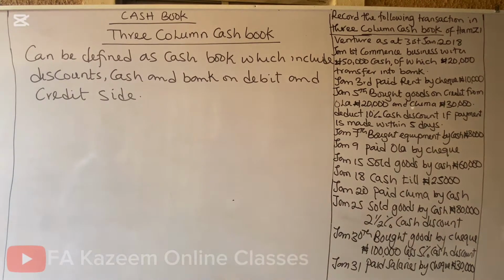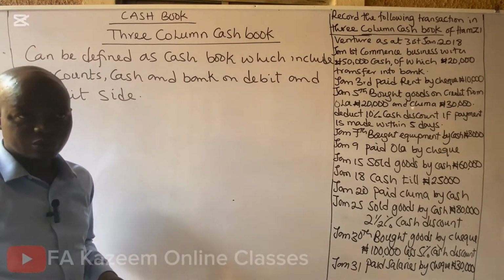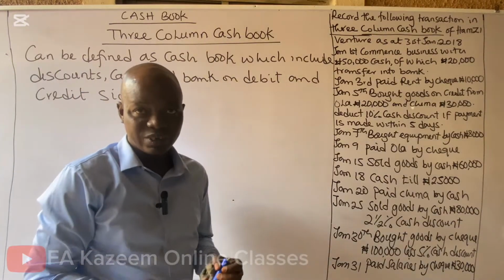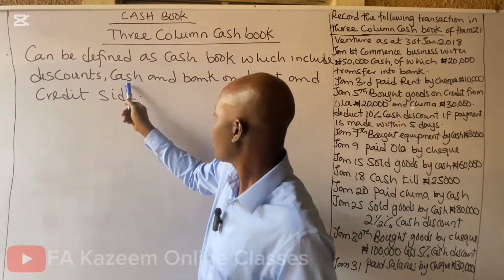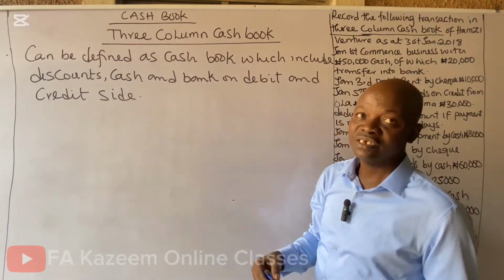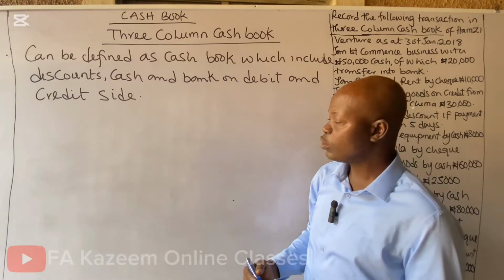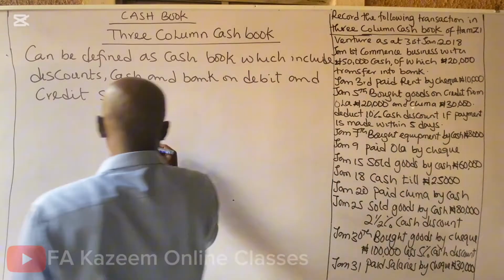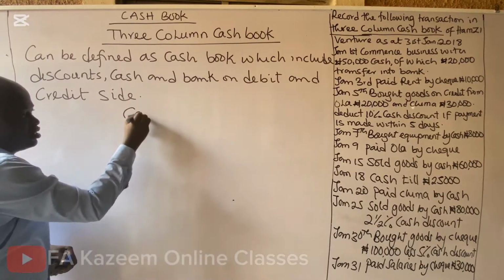Three-column cash book is one of the cash books that include discount, cash, and bank on the debit and credit side of the cash book. Today we will look at cash discount.